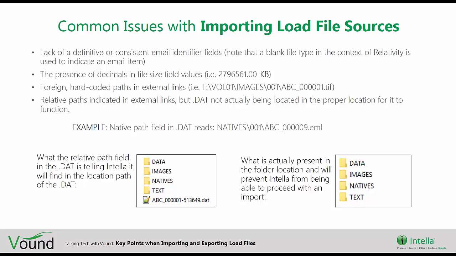So one option is to ask for a custom field in your production spec that identifies email items. And I think one of the things that's commonly misunderstood is that when we're dealing with load files, the way it's supposed to work is your production specification that you share with the other side is to communicate to them the technical specifications that they need to meet in providing data to you.